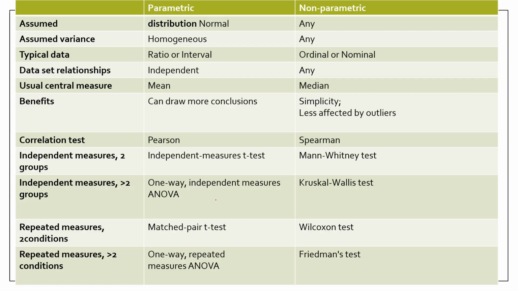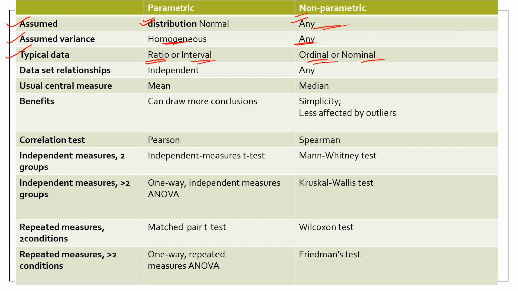For the parametric test we assume that the data is distributed normally, and we assume variance homogeneity, meaning similarity is there, but here it doesn't require similarity. The typical data type, not always, is ratio or interval type of data.